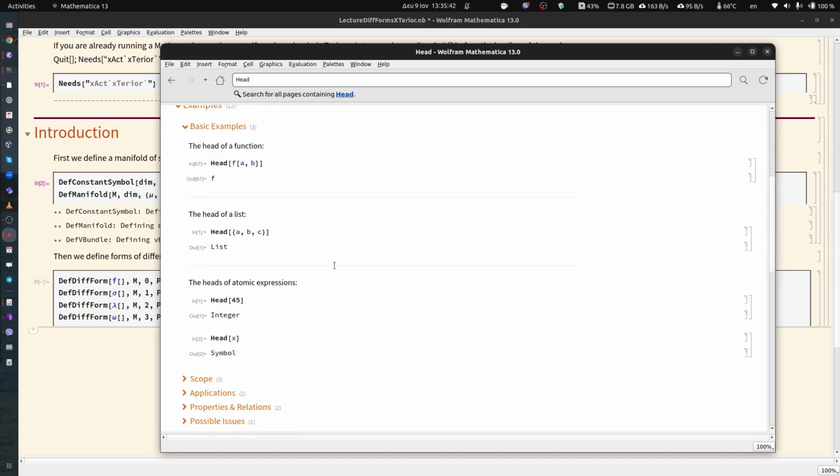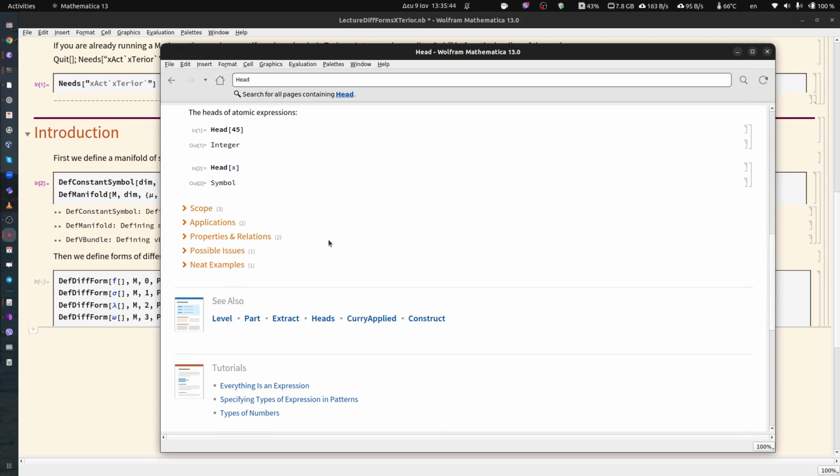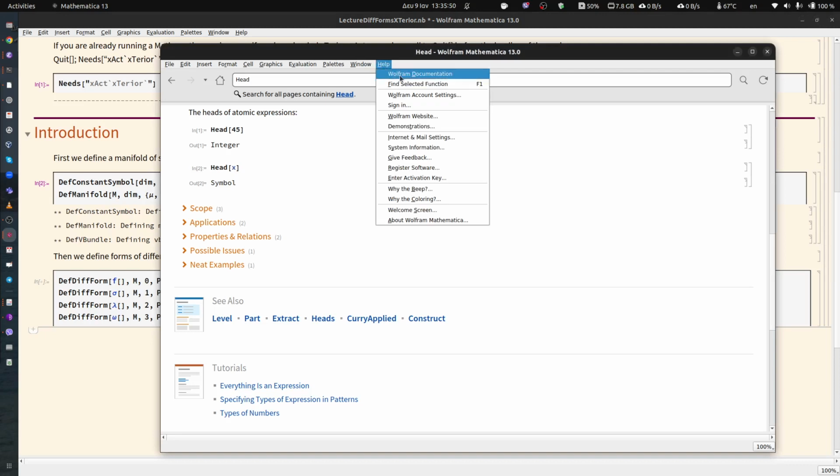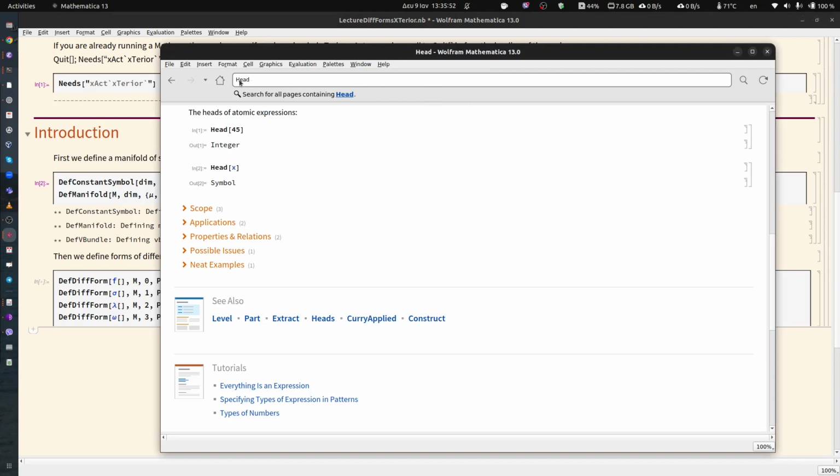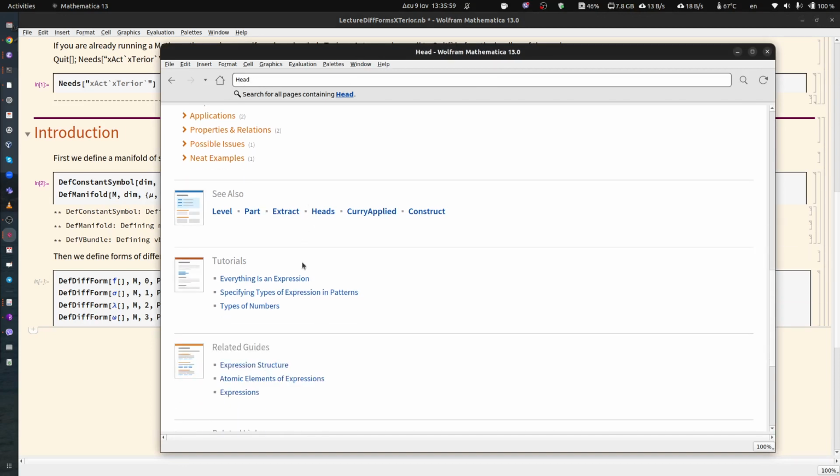So if you go to the documentation here, if you choose Wolfram documentation, and in the search bar you put Head, you'll end up in this page, and there are tutorials explaining what a head is and how heads can also be manipulated so that we can do useful calculations with Mathematica.